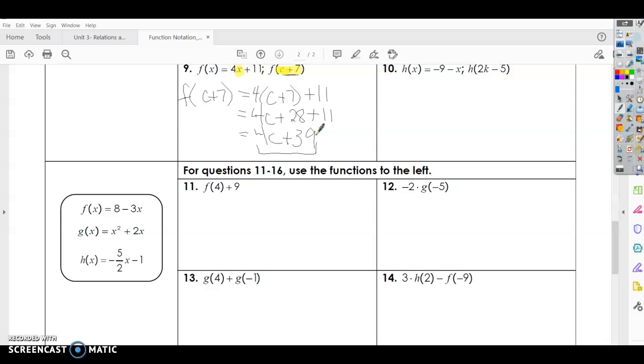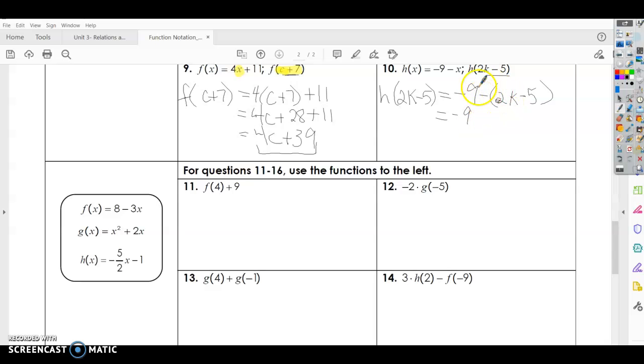All right, on this side, we're going to substitute 2k minus 5. So h is our function this time. H of 2k minus 5 is equal to negative 9 minus x. And in place of x, we're going to put 2k minus 5. So again, we're going to simplify, bring down the negative 9.